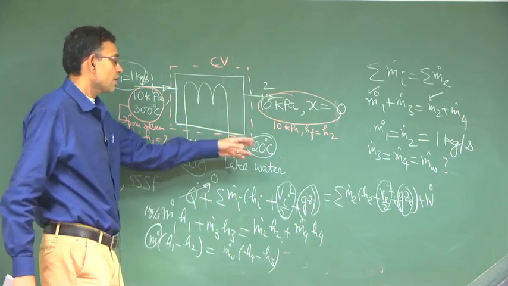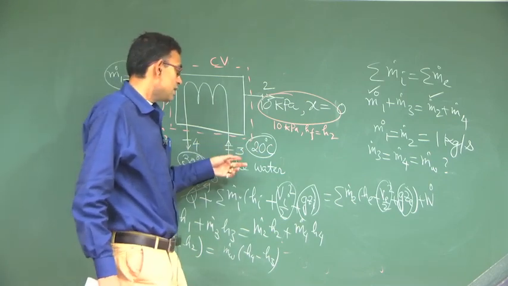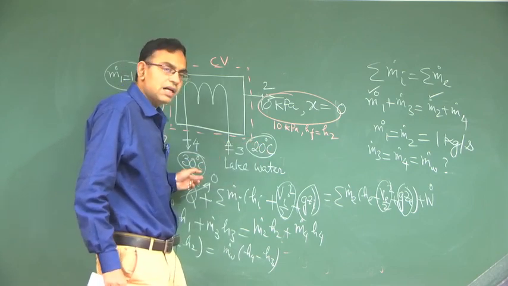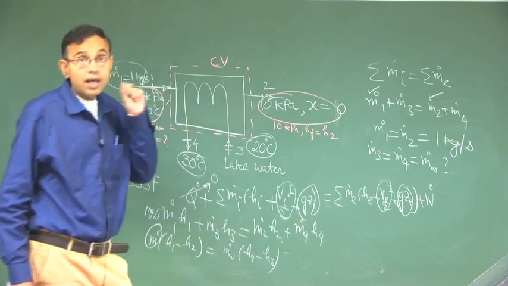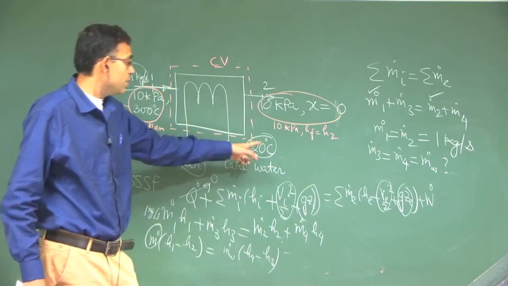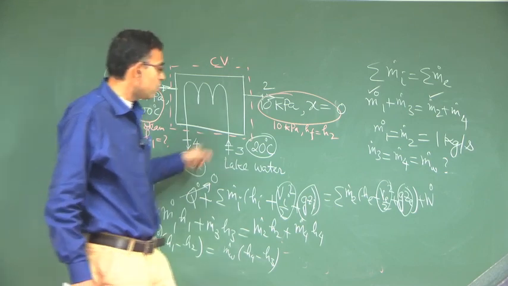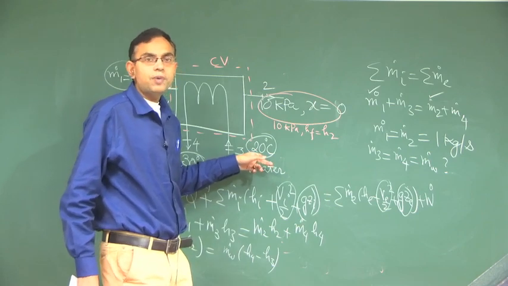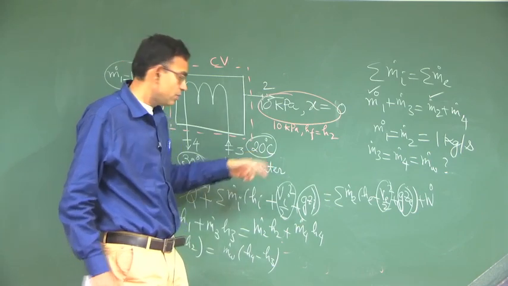How do you estimate h 3 and h 4? These are essentially liquids at 20 degree centigrade and 30 degree centigrade. So, their properties will be very close to saturated liquid at 20 and 30 degree centigrade. Actually, they are in the compressed liquid phase, not saturated liquid, but their properties will be very close to the saturated liquid state.